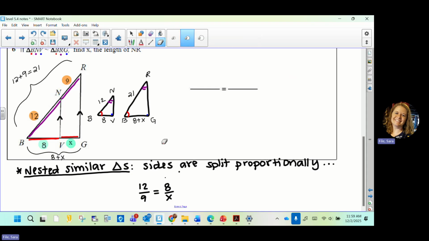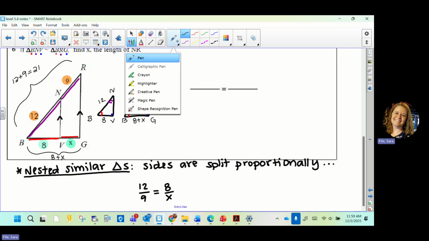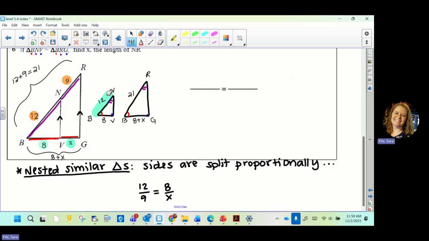And then if you did it this way, it's similar to what we just did in number 5, where we set up the proportion. So I could highlight my corresponding sides. BN to here, as BV is to here.